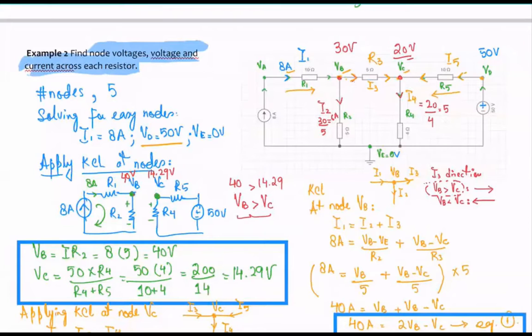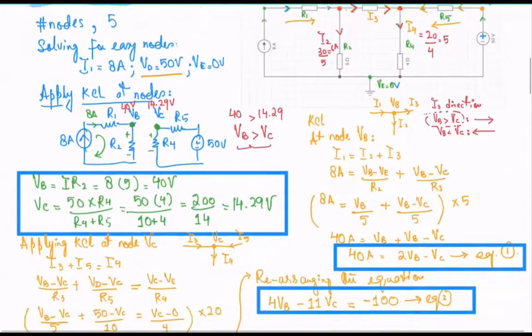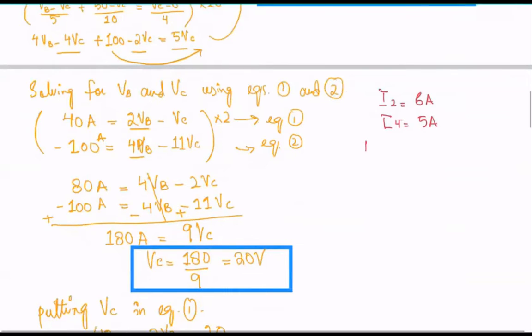Okay, what else can I do? I need to find out the current that's flowing over here across I3. And that would be VB minus VC over R3. So I3 equals VB minus VC over R3.